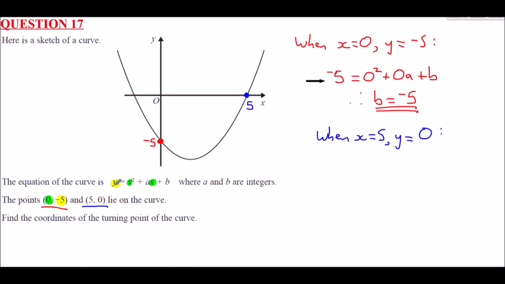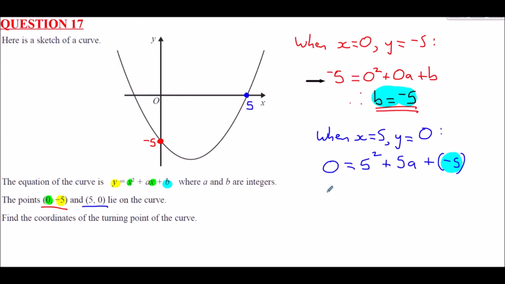So y is 0, so 0 equals x squared, which is 5 squared, plus a times 5, because x is 5, a times 5 is the same as 5a's, plus b, but we worked out from this part that actually b is -5. So that's the same as plus -5. So of course we can neaten this up.